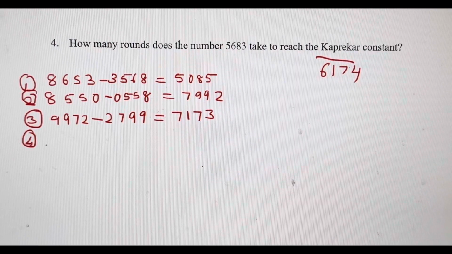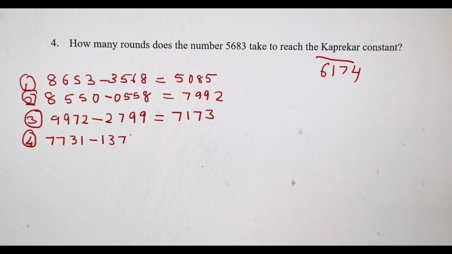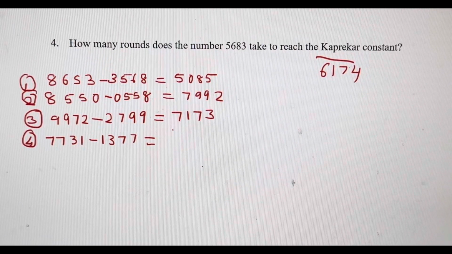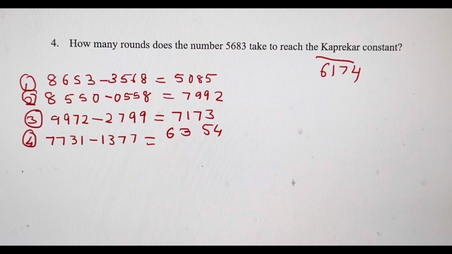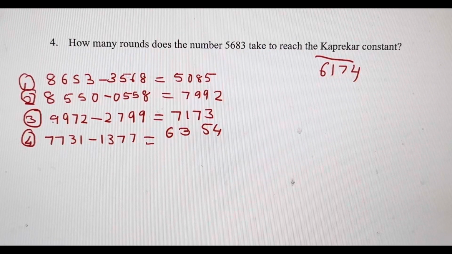So let us try the next step. 7731 minus 1377. Right? So here the difference is 6354. Still we have not reached 6174. Okay, now let us try the fifth step.